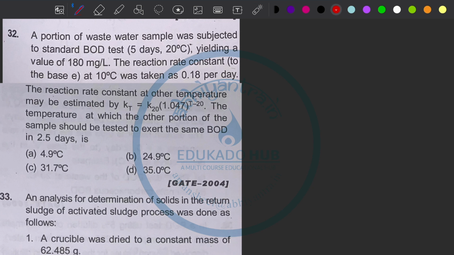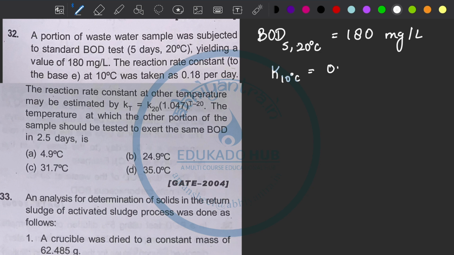See, the thing that is given, first of all, BOD 5 days at 20 degrees Celsius, the value was 180 milligram per liter, and they have given that reaction rate at 10 degrees Celsius is 0.18 per day. Okay, the reaction rate constant equation is also given, that KT will be calculated by K times 1.047 to the power T minus 20.